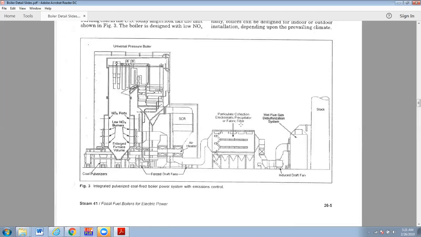Okay, so after the electrostatic precipitator, we're going to move into the wet flue gas desulfurization system, and there's different technologies that can be used. I think the most common is a bubbling type bed, where the gases, the blast from the ID fan, is forced up through this bed that contains dissolved calcium.